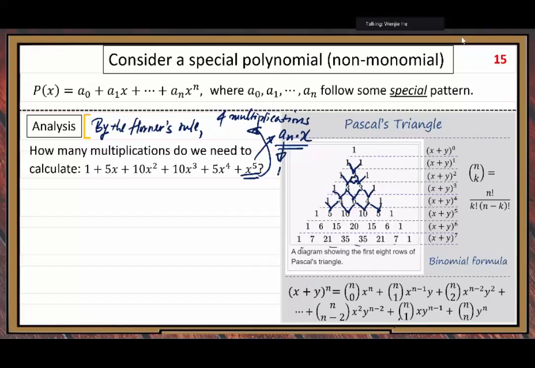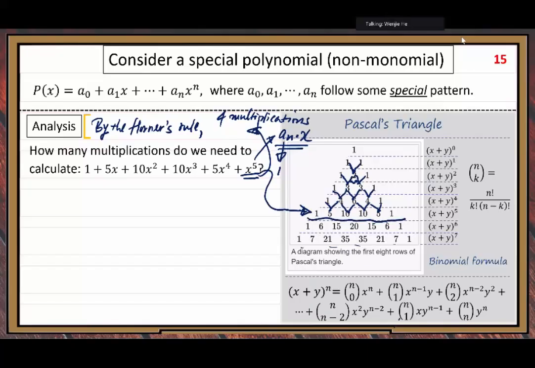Now, we want to do better than Horner's rule. Look at this structure. This structure corresponds to one of the rows in this Pascal's triangle, right?